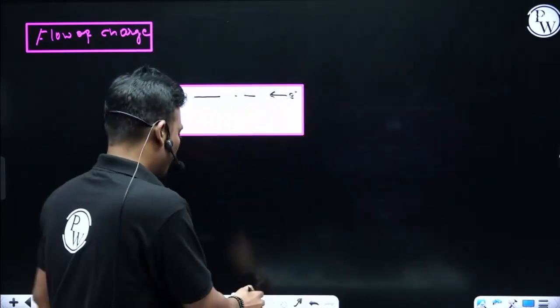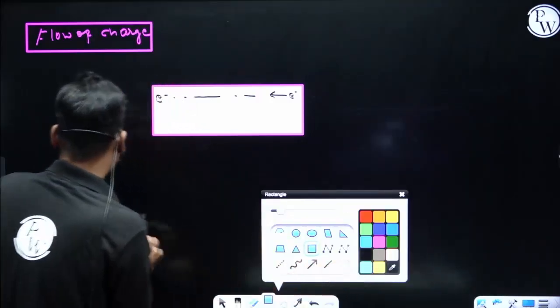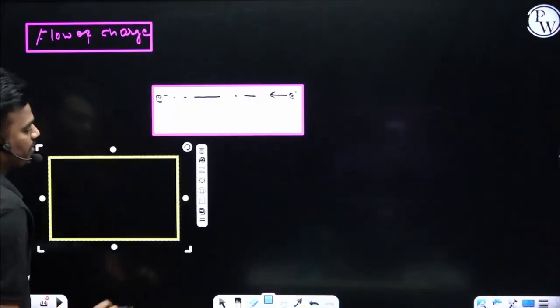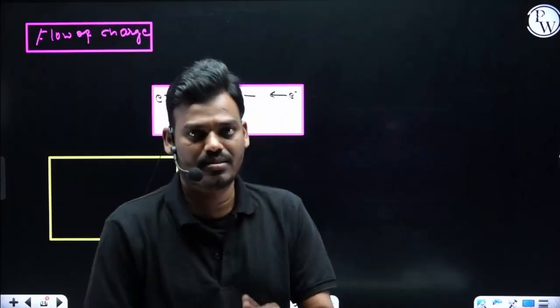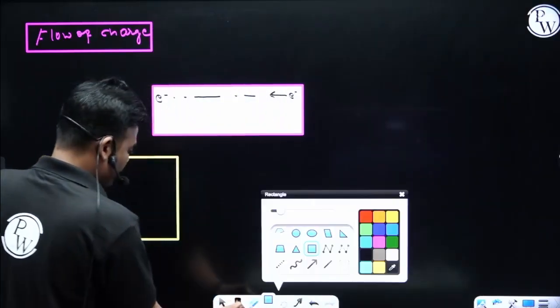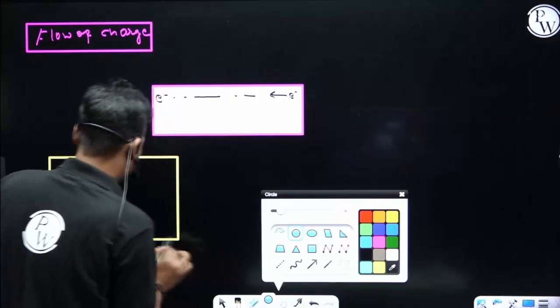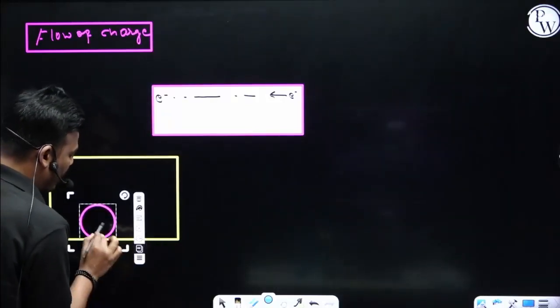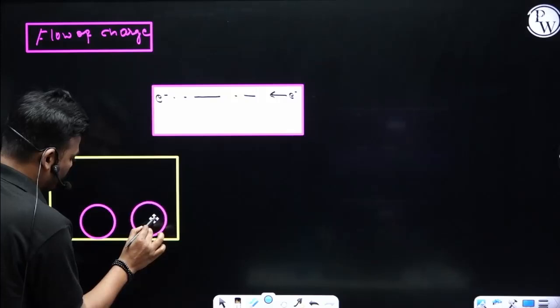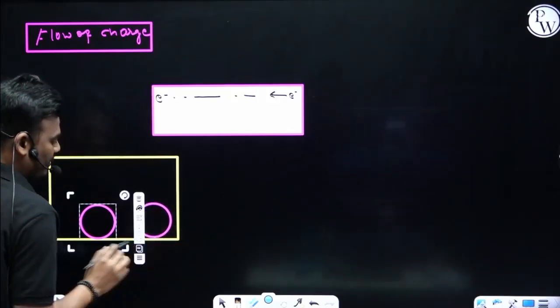Now let's consider an isolated system. Isolated system means nothing can enter nor leave the system. In this isolated system, here I have two hot bodies. They are not in contact.